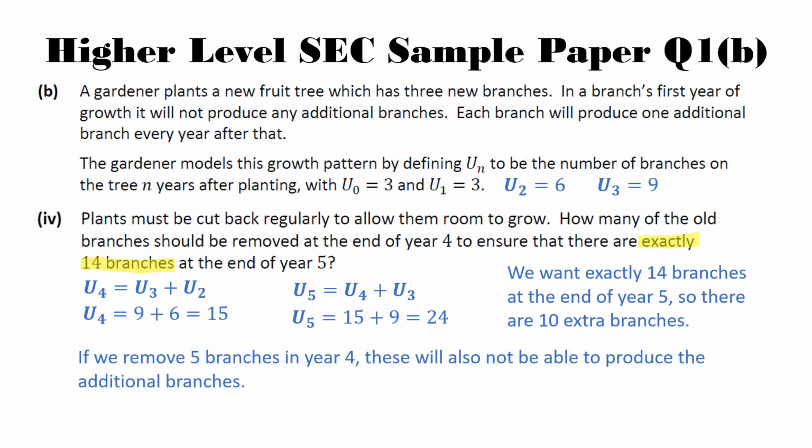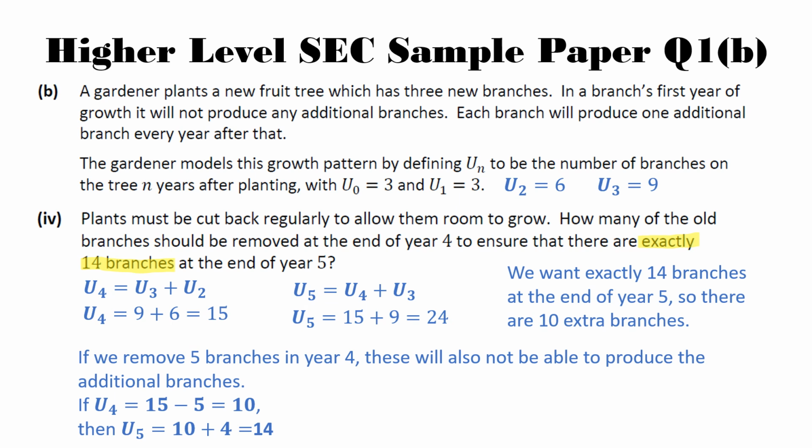In order to deal with that, we need to remove 5 branches, and these must be older branches, branches that are producing other branches, because if we remove 5 of them, we're also removing the 5 branches that they would have produced at the end of year 5. So we're saying, let's get rid of 5 older branches at the end of year 4. That leaves us 10, and that gives us, for U5, the 10 branches that are there plus the 5.